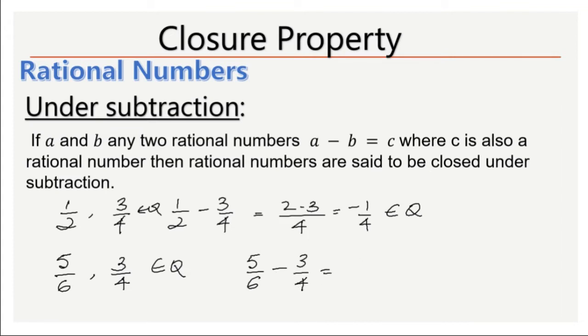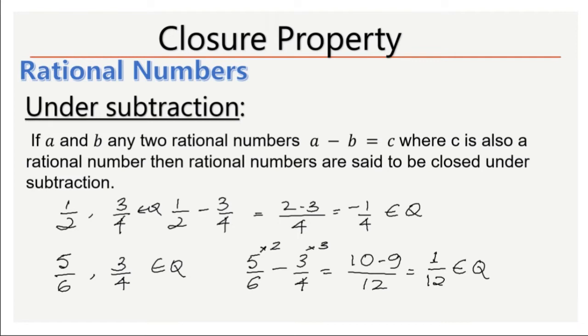The LCM of 6 and 4 is 12. So when 12 is the LCM, this has to be multiplied by 2, this has to be multiplied by 3. We get 10 minus 9, which will be positive 1 upon 12. And positive 1 upon 12 is clearly a rational number. If you consider any two rationals, their difference is also a rational number. So we say that rational numbers are closed under subtraction.